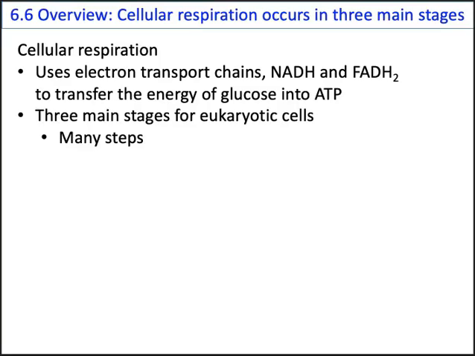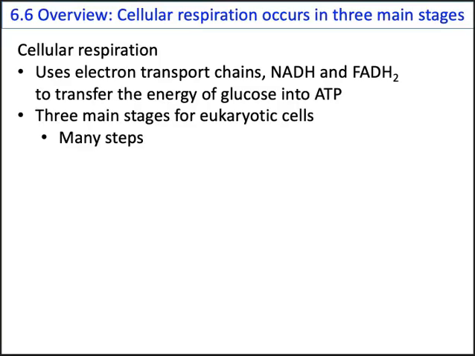All right, so cellular respiration uses the electron transport chains and those 2 shuttle molecules that we introduced, NADH and FADH2. Those molecules, remember those are electron shuttlers, or in other words, they're kind of like Uber and Lyft. So they're services that will take things from one place to another. In this case, they're taking electrons from one place to another.